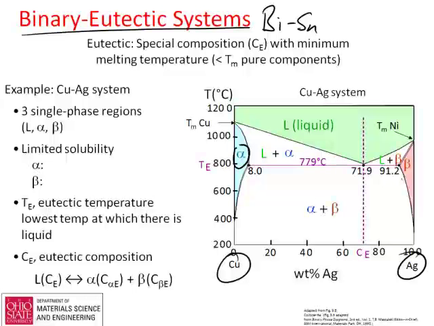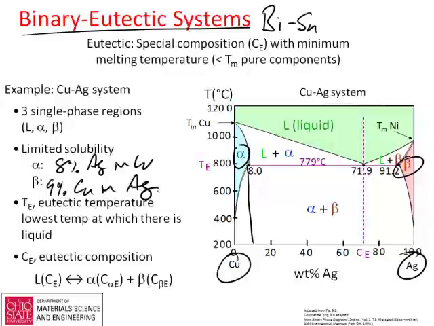But you can see that in the case of alpha, you can dissolve up to about 8% copper in silver, and in the beta phase over here, you can dissolve up to about 9% silver in copper.